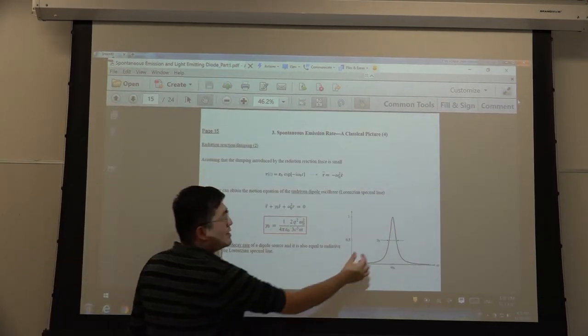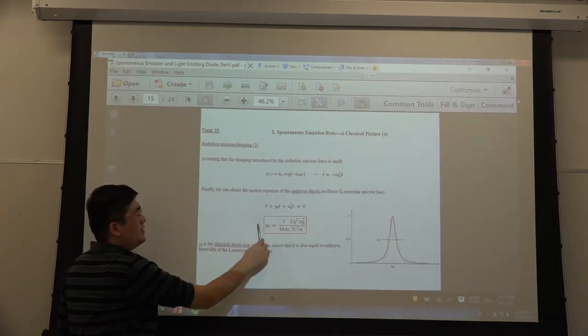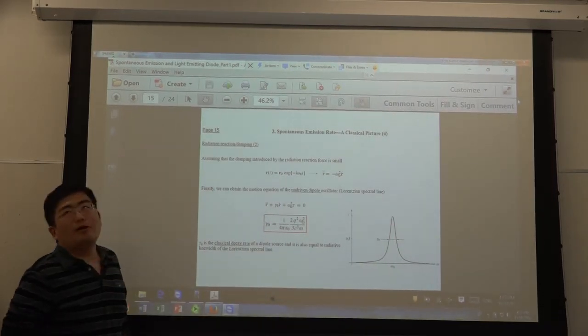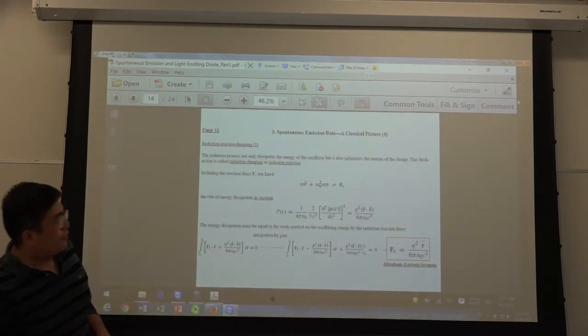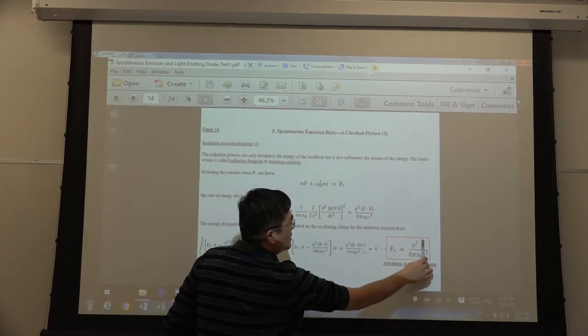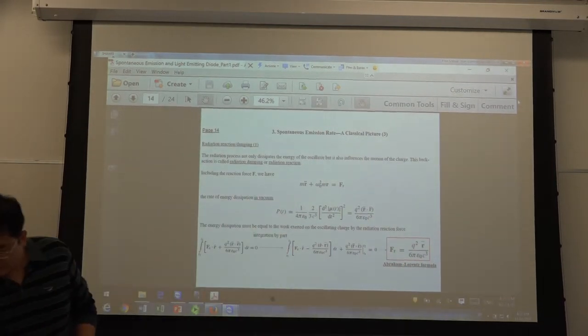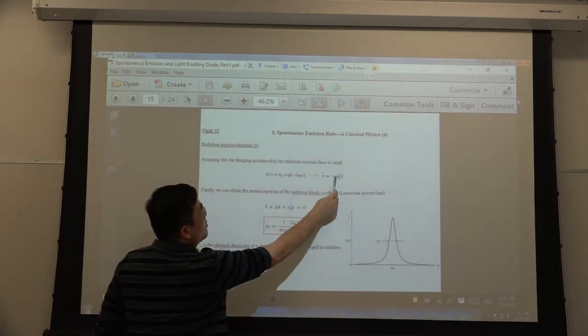This is gamma 0. What's gamma 0? Gamma 0 is just a decay rate for this harmonic oscillator. You can see we know the force can be proportional to R3 dot. We also know R3 dot equals omega square R dot.